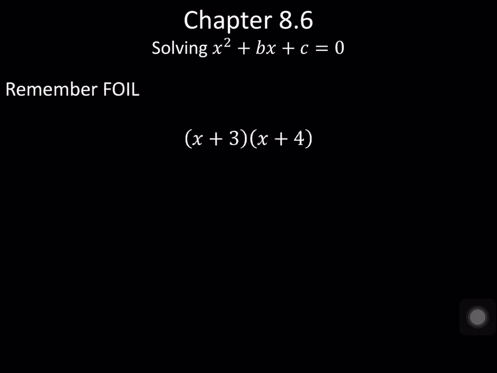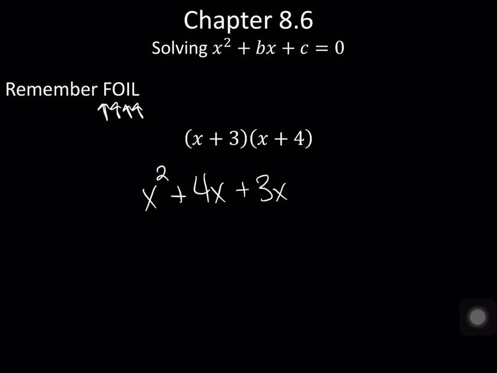So here we go. Remember, FOIL is first, outer, inner, last. So first times first, we would get x times x, or x squared. Outer, x times 4 would be 4x. Inner would be 3 times x, or 3x.